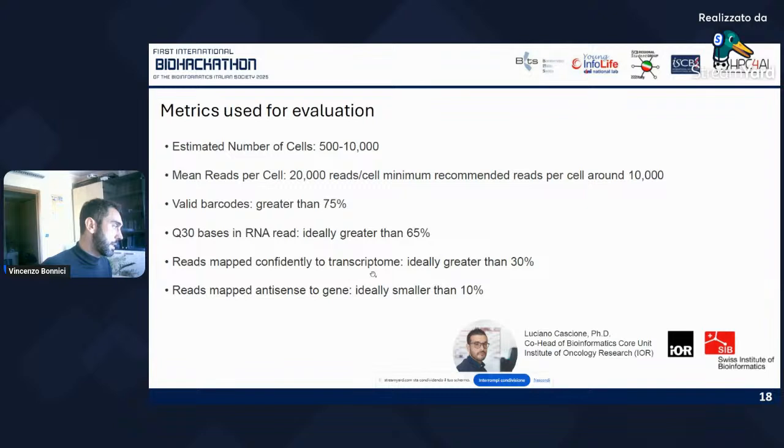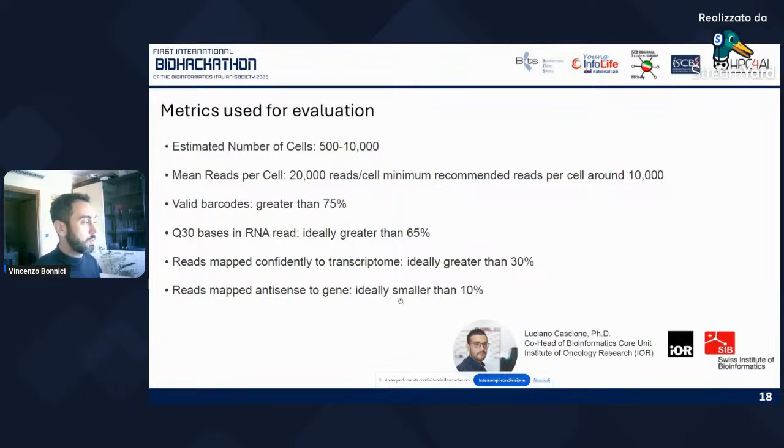And reads should be mapped confidently to the transcriptome, and the percentage of those that are very confidently mapped to the transcriptome should be at least 30%. So very high, high quality mapping to the transcriptome. And usually, since you are sequencing the cDNA and not the reverse, the antisense DNA, the percentage of reads that map to the antisense of each gene should be less than 10%.